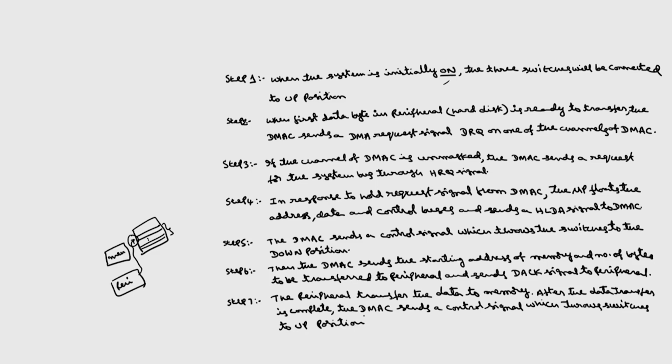So, again the microprocessor regains the control of the system bus, address bus, data bus and control bus. This is how the exact DMA data transfer will take place.